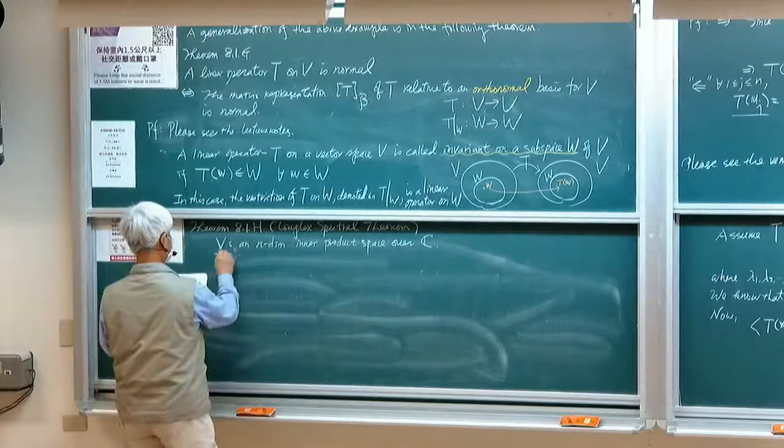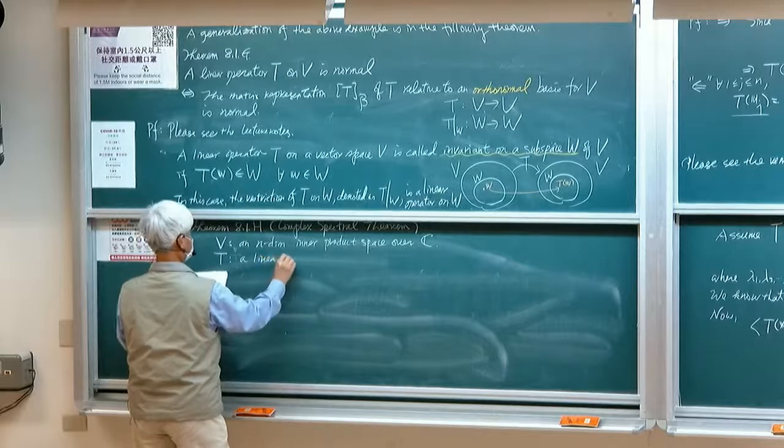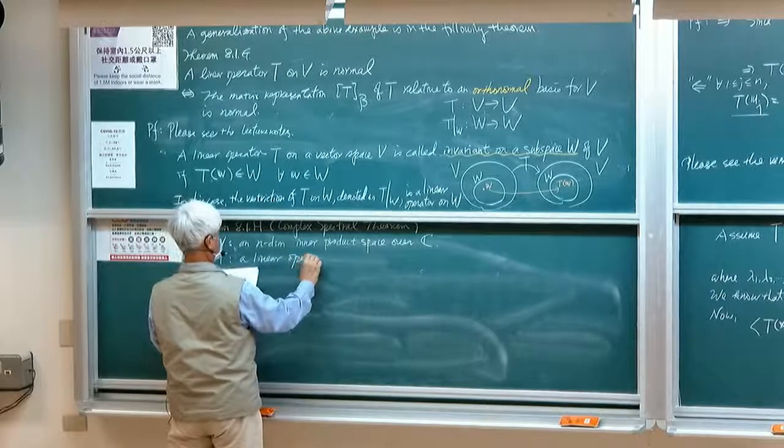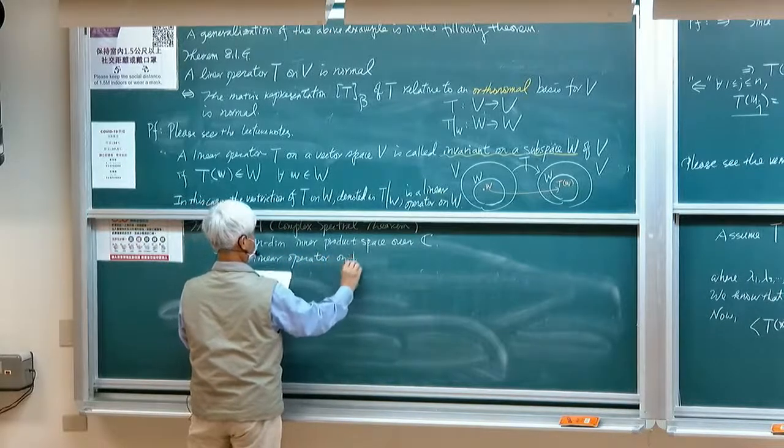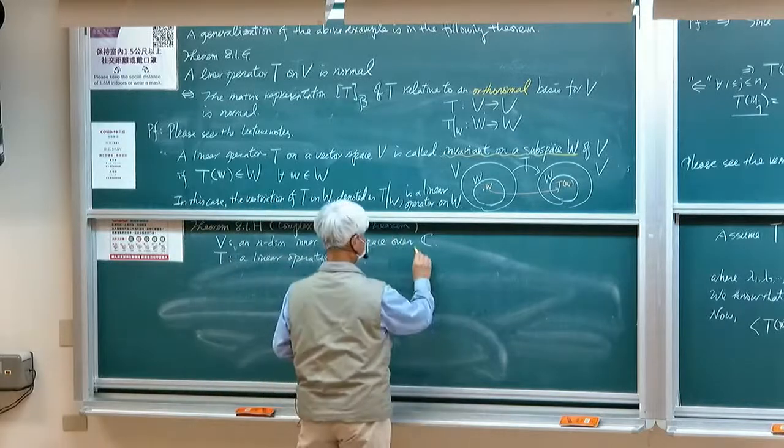T is a linear operator on V. So we have C here.